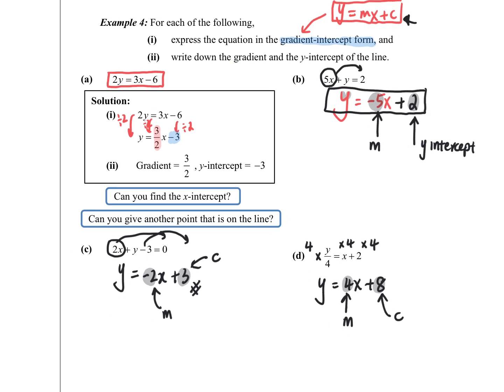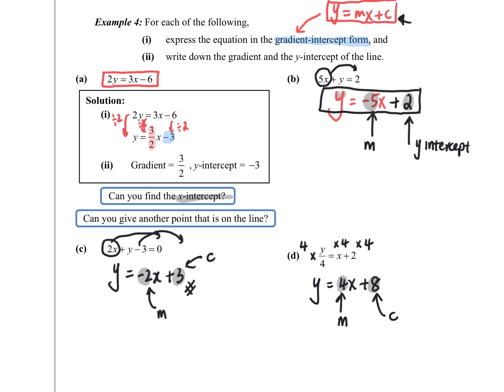Then they ask, can you find the x-intercept? So to find x-intercept, we sub what? Can you all still remember? To find x-intercept, you sub what? y equals to 0. So for all these equations, when you sub y equals to 0, you can find your x-intercept. So when y is 0, 5x is 2, x is 0.4.